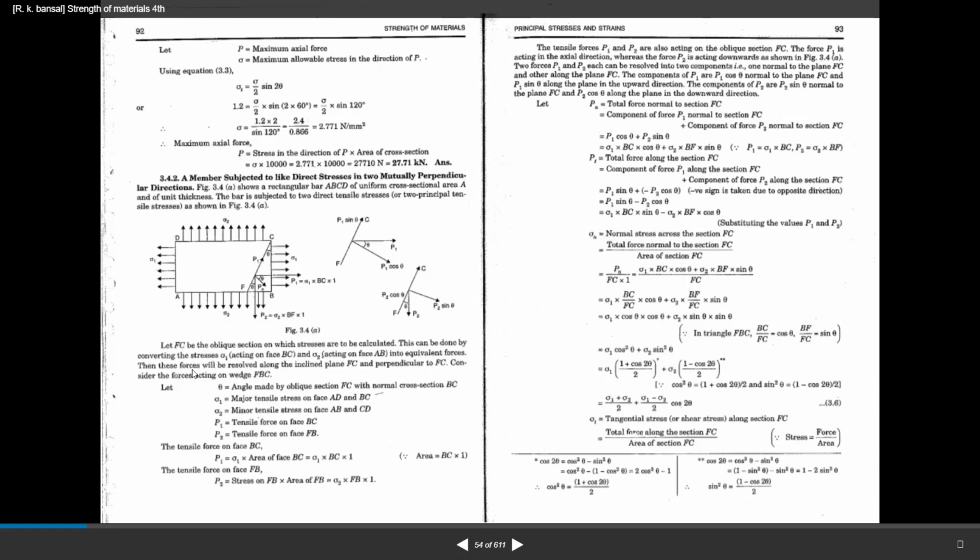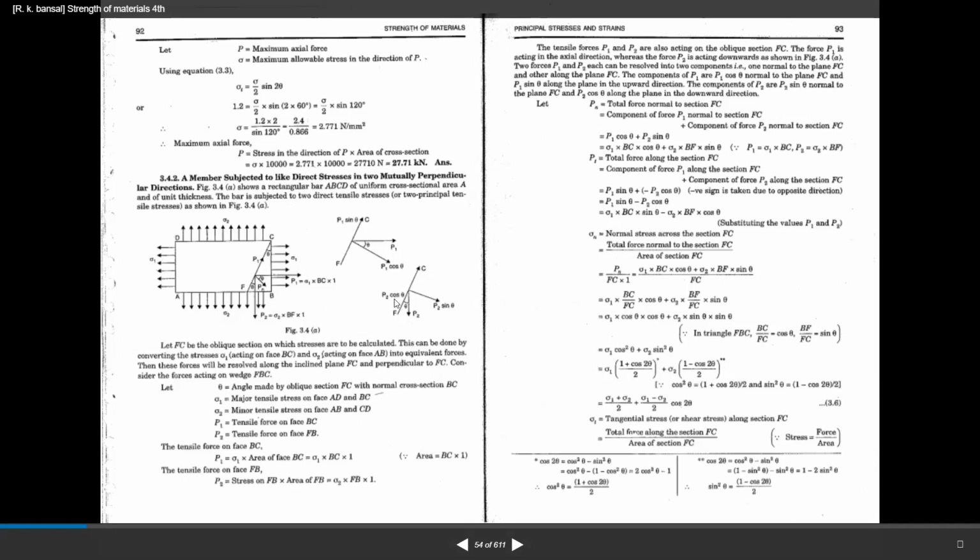Then these forces are resolved along the inclined plane FC and perpendicular to FC. Consider the forces acting on FBC.